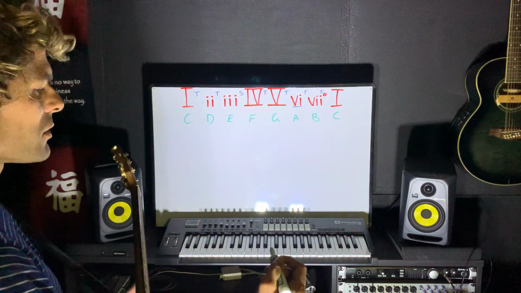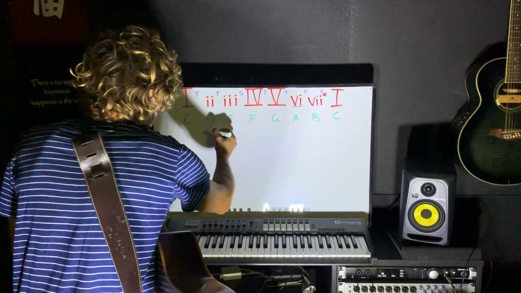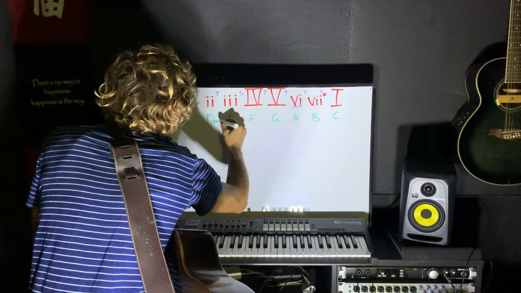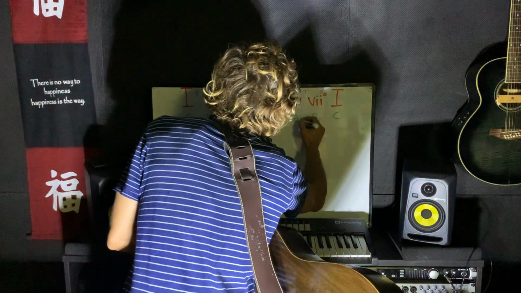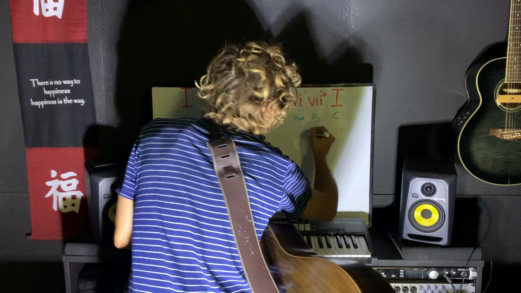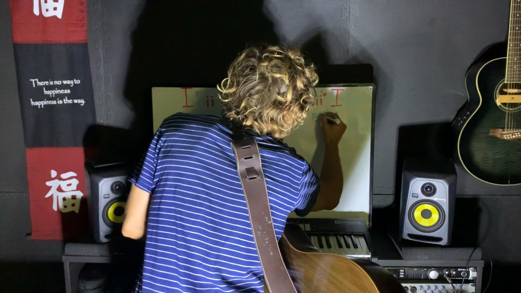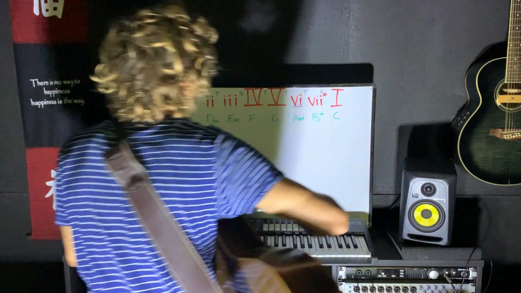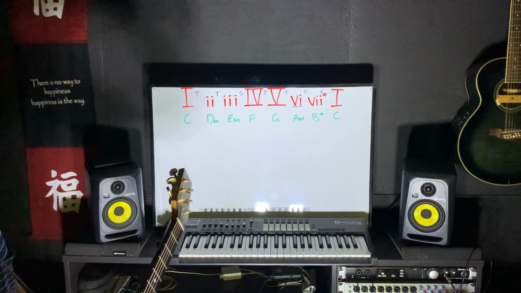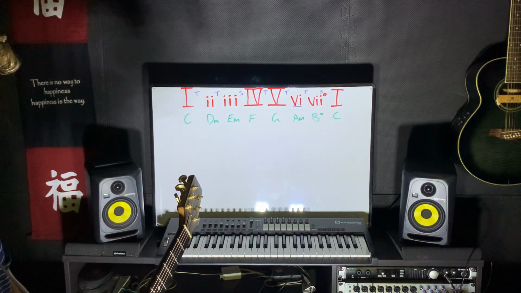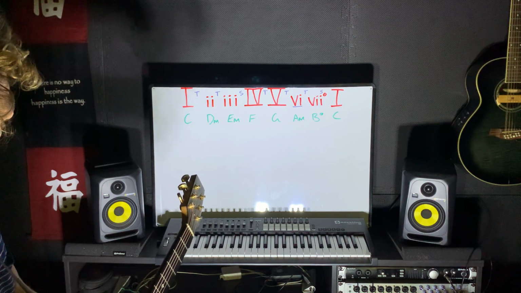Now let's fill in our chords. C major, D minor, E minor, F major, G major, A minor, also our relative minor, B diminished, and C major again. There we go. That's where the chords come from.